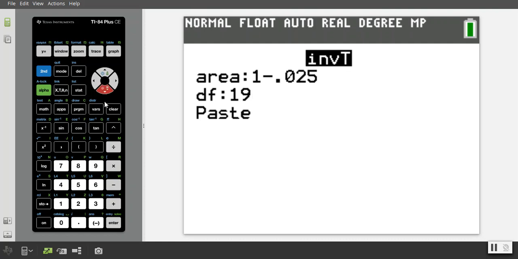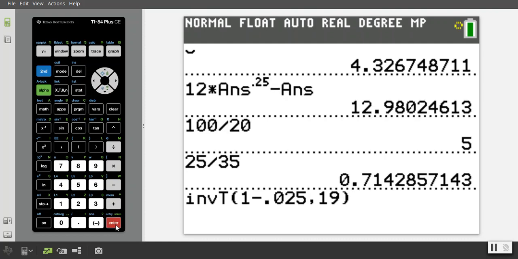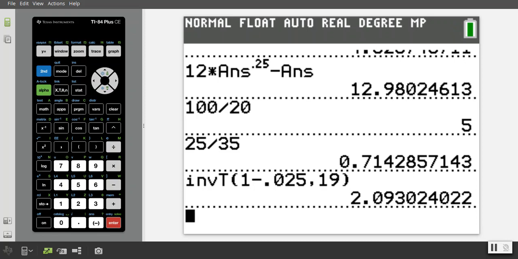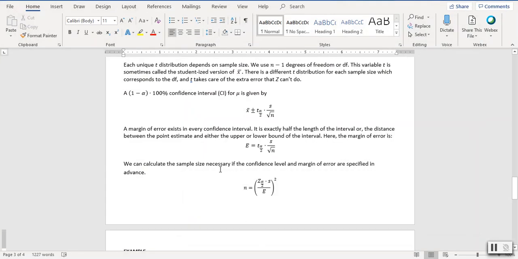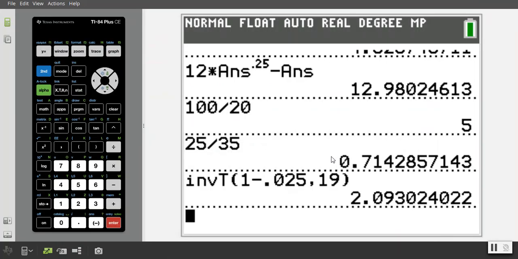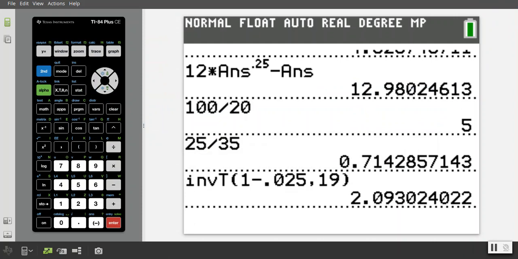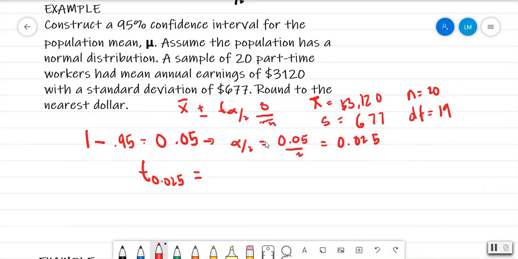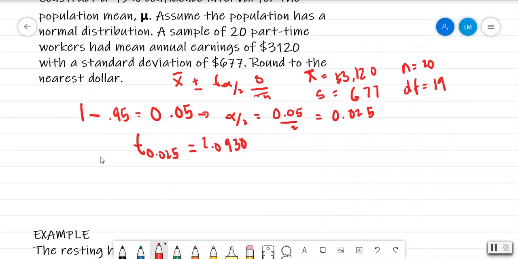Let's hit enter, and it gives me 2.09, which let me refer to here to check that this is correct. So 2.093, yes, this is correct. That means the critical value is 2.0930, and I believe that's all we need because we have pretty much everything else.